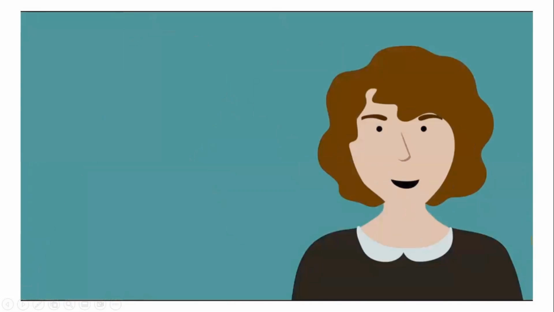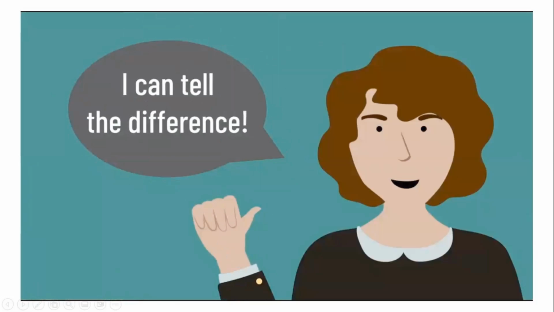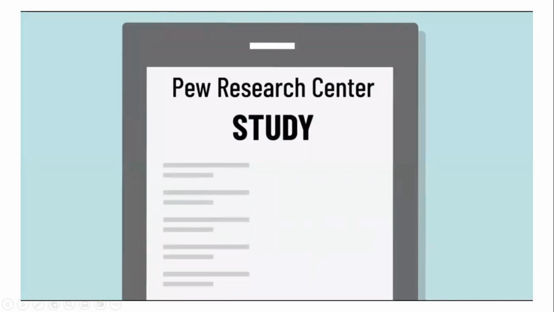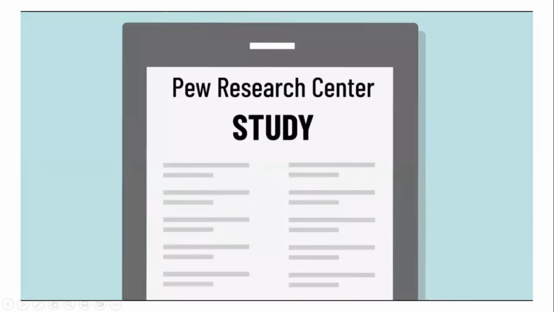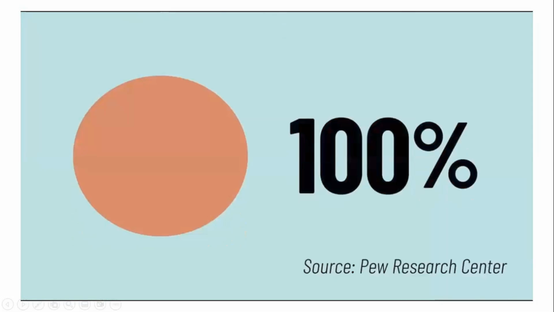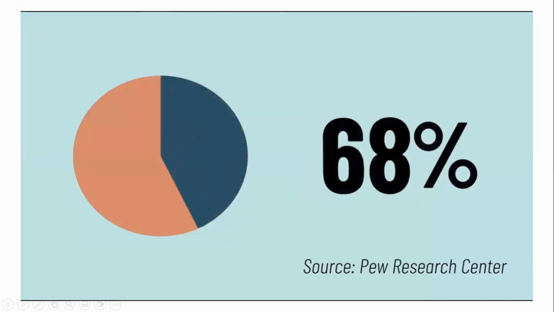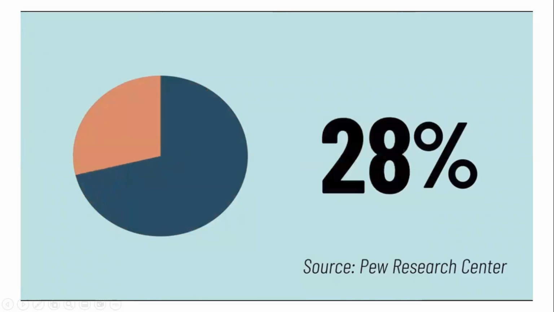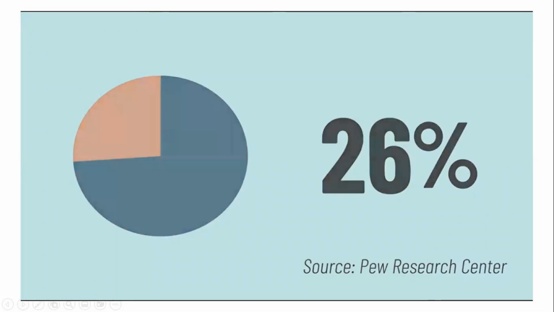At this point, you may be thinking that you could tell the difference between fact and opinion. Well, it may be harder than it looks. A Pew Research study created 5 factual statements and 5 opinion statements, and then asked people to identify which was which. Out of 5,000 adults, only 35% correctly identified all 5 opinion statements, while only 26% identified all of the factual statements.